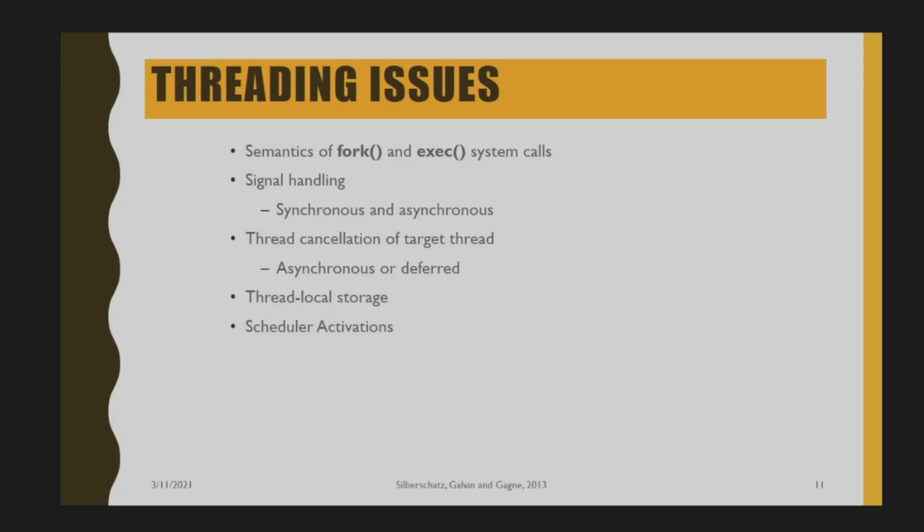The third option, we can deliver the signal to certain threads in a process. And the fourth option, we can assign a specific thread to receive all the signals for the process. So the method for delivering the signal depends on the type of signal generated, meaning how the signal is generated.